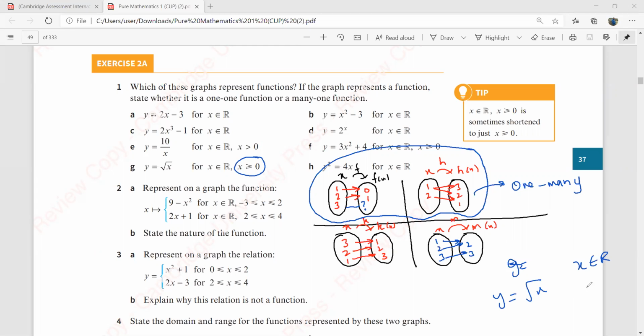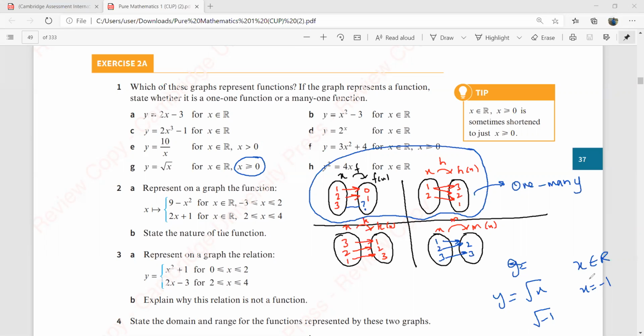In all these real values, we have x equal to -1 as well, all the minus values. So can we find the square root of -1? No. So that means this will be undefined if you put your x as -1.